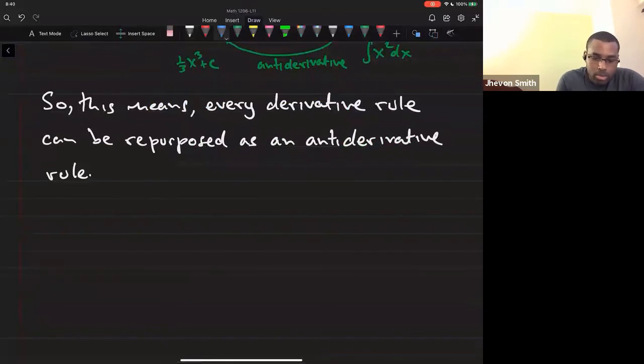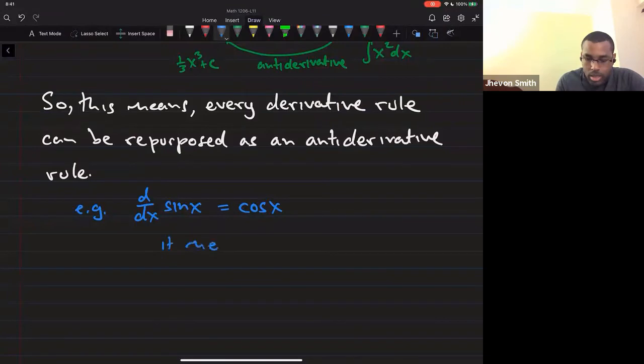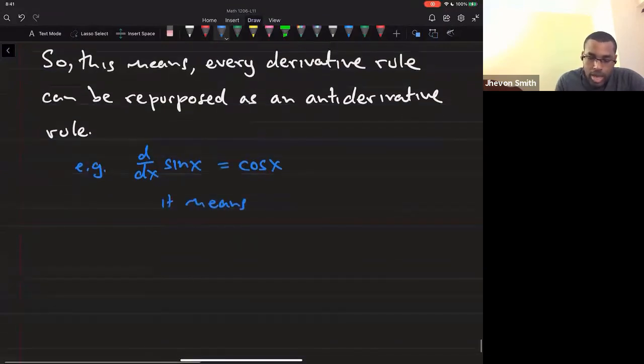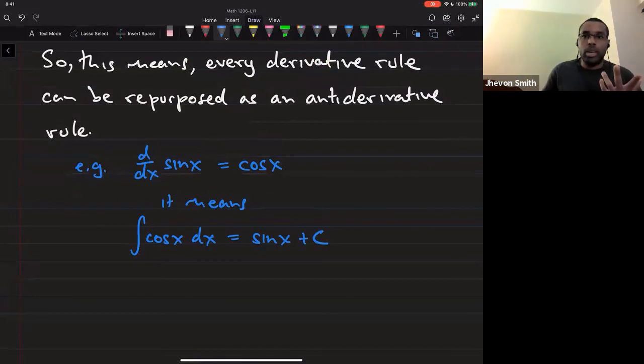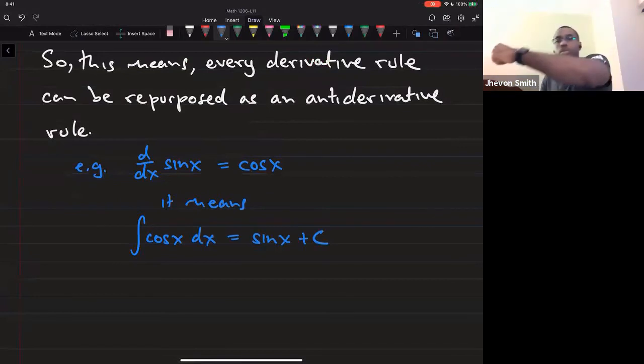So for example, if I told you the derivative of sine of x is cosine, it means the antiderivative of cosine is sine, right? I can just turn it around the other way, because the derivative would do something, and then the antiderivative is just trying to bring it back.